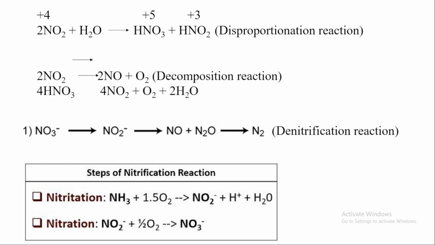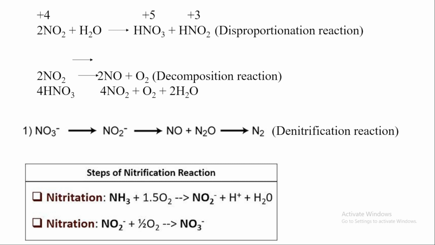So one oxygen atom has -2 charge, right? So if one oxygen atom has -2 charge, two oxygen atoms will have 2 into 2, -4 charge. Okay. So if two oxygen atoms have -4 charge, it will give the nitrogen +4. So the oxidation state of nitrogen in nitrogen dioxide is +4.